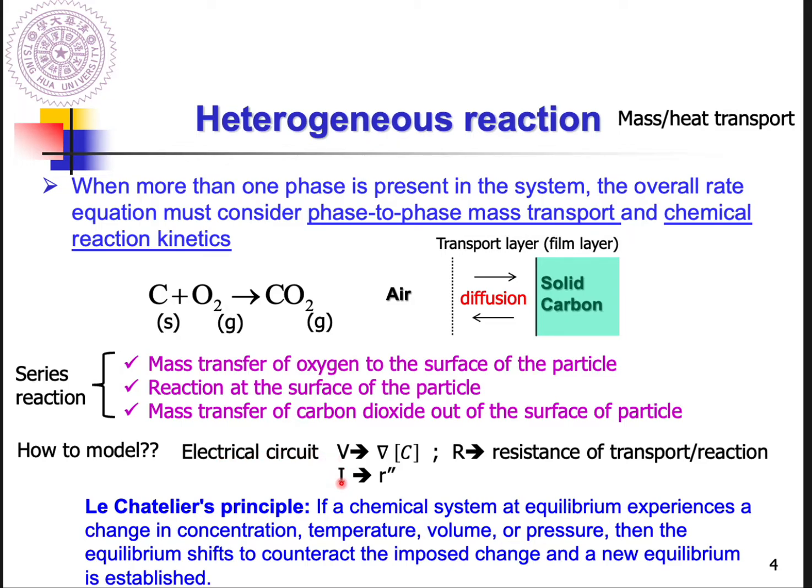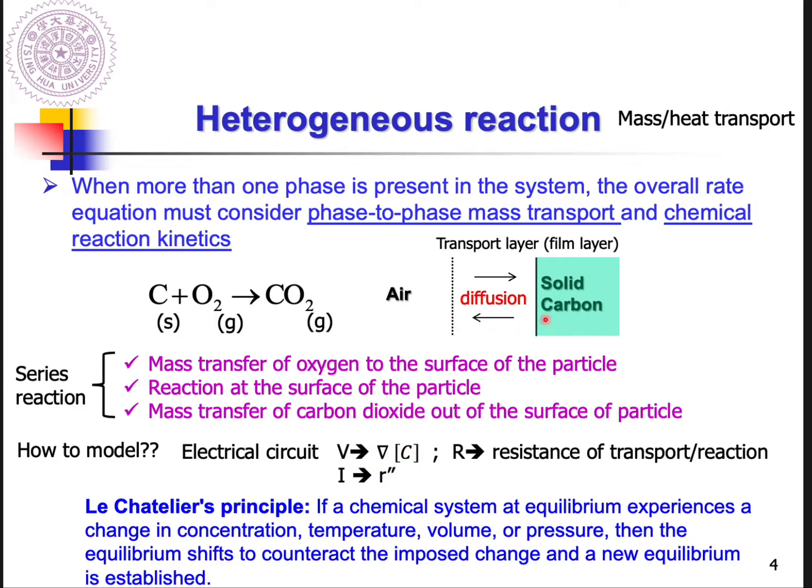V equals IR. When we apply a battery on this circuit, then we will drive the current passing through each electrical component with individual resistance. So here, we also have a driving force, which is the concentration gradient.